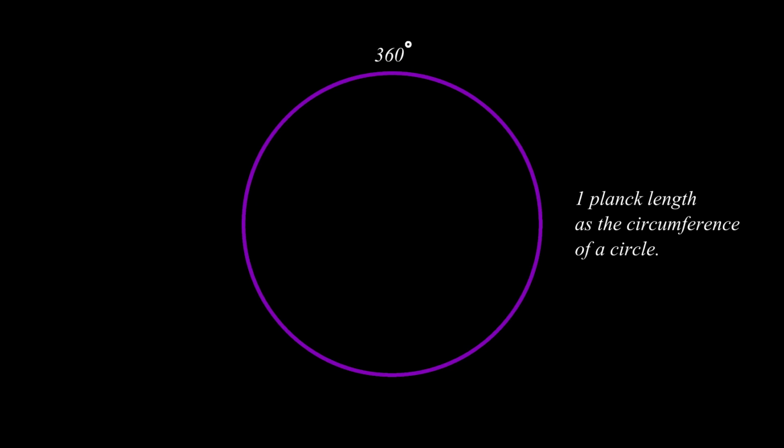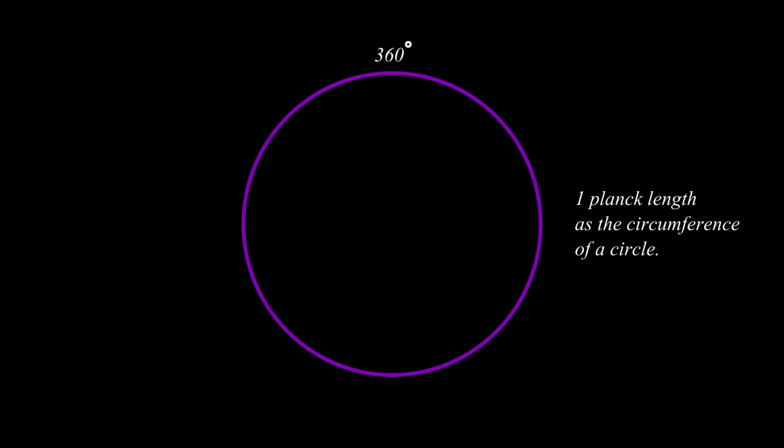And this is the beginning of how to understand how angle is related to length. 360 degrees is not something that you can do much with, but it is the beginning integer of angle division, where it is the whole circumference of a circle.